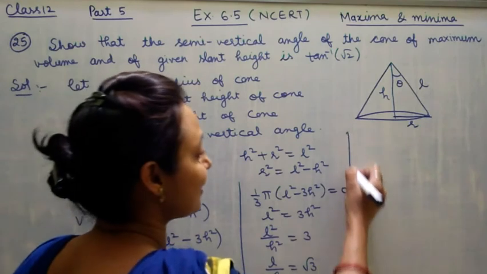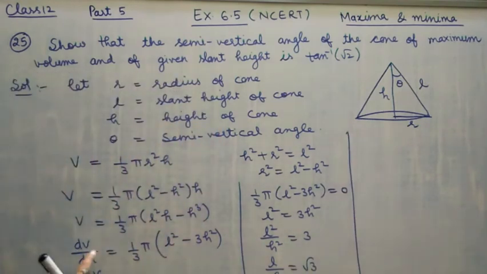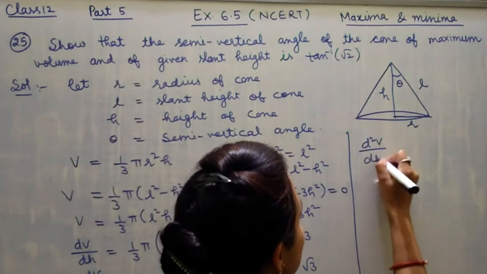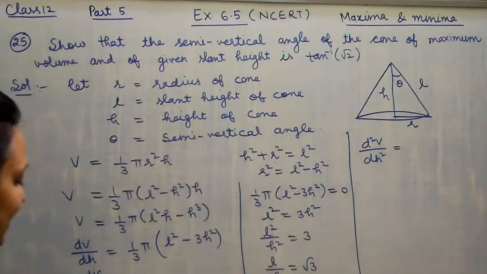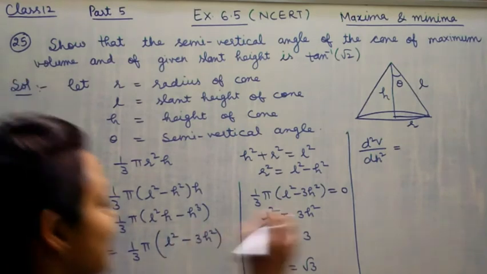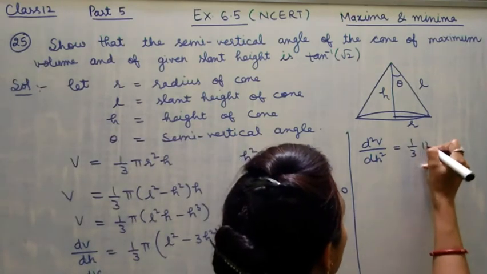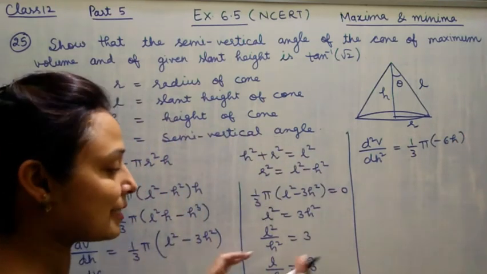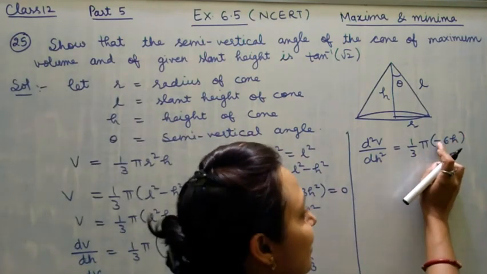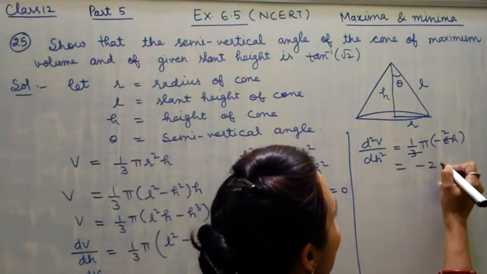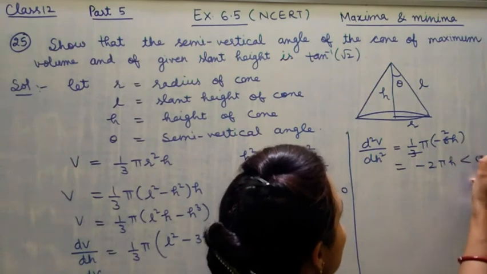Now I will find the value of d square V upon dh square. When you find it, it equals 1 by 3 pi (0 minus 6h), that is 1 by 3 pi times minus 6h. When you put the value of h, that is L upon root 3, it remains negative, that is minus 2 pi h, which is less than 0.